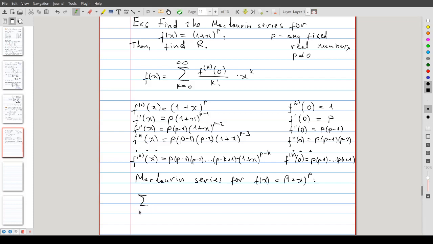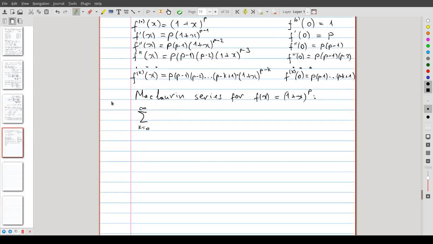We have the sum from k equals 0 to infinity of the kth order derivative evaluated at 0, which we have just computed to be p times p minus 1 times p minus 2, and so on, down to p minus k plus 1, divided by k factorial, multiplied by x to the k.